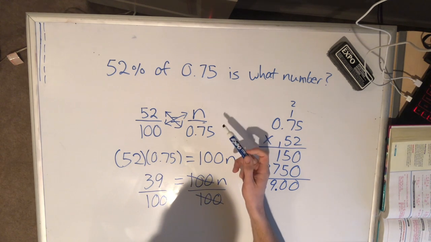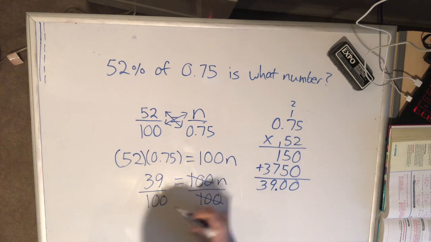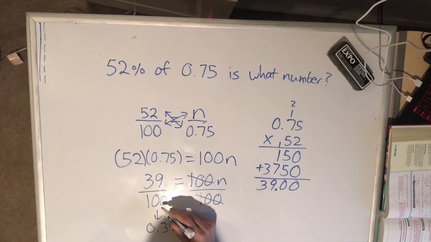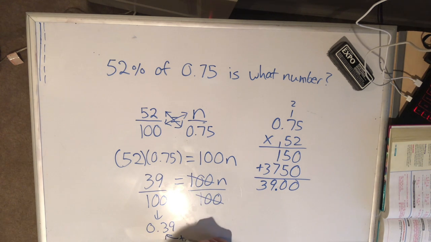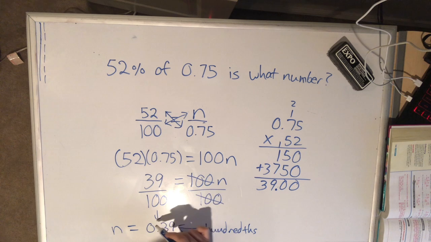Because we have a decimal given in the problem, give the answer as a decimal. 39 over 100 is 0.39. Because it's over 100, make sure the decimal goes to the hundredths place. The first decimal place is the tenths place. The second decimal place is the hundredths place. So n equals 0.39.